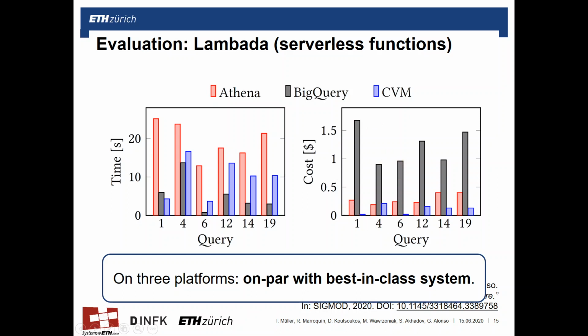Compared with BigQuery, we are not quite as fast, but never more than 2 to 3 times slower, and at the same time being at least 1 and often 2 orders of magnitude cheaper. On all of these three platforms, our CVM-based system is roughly on par with the best-in-class system, and often significantly faster.